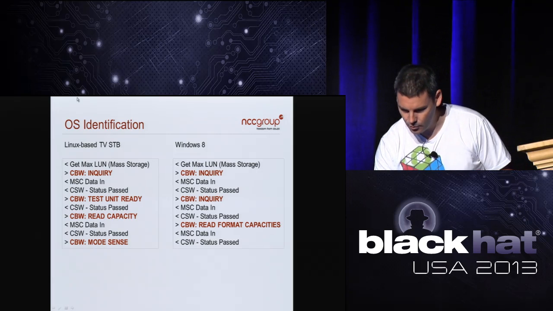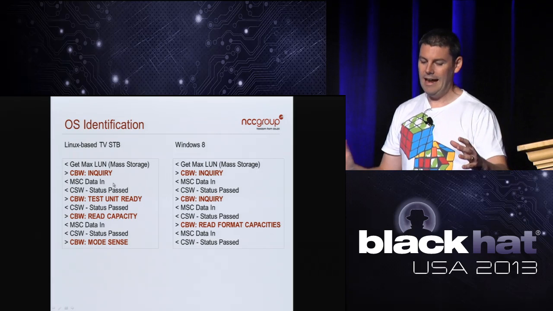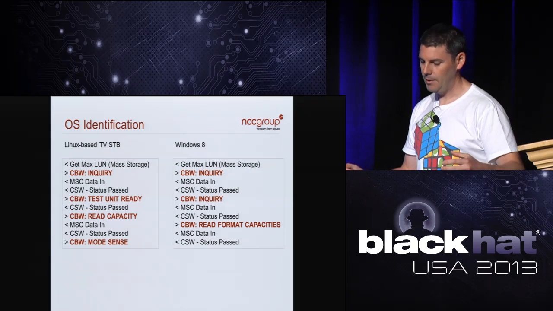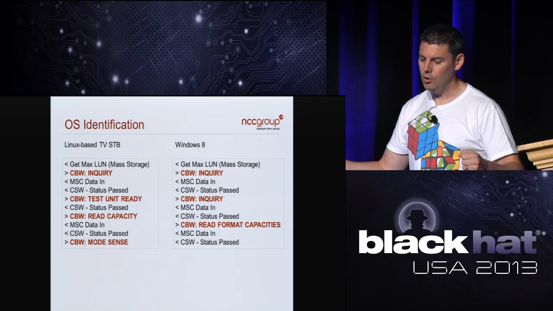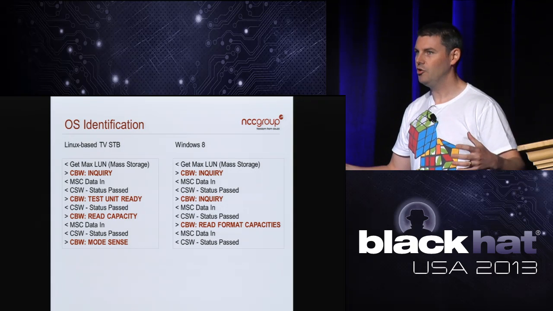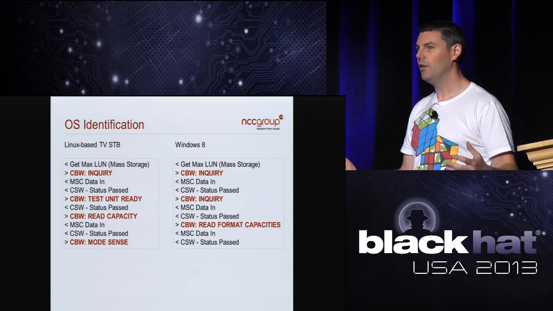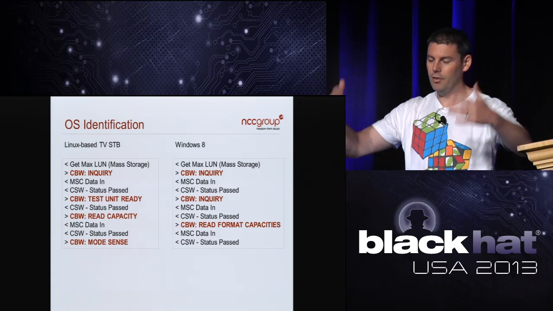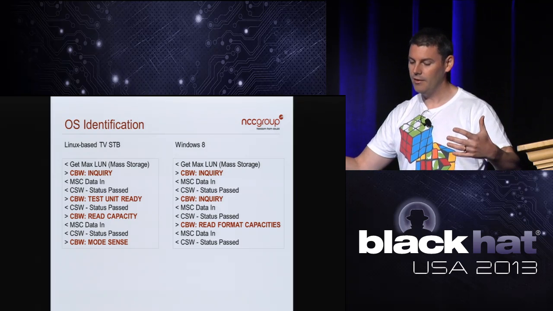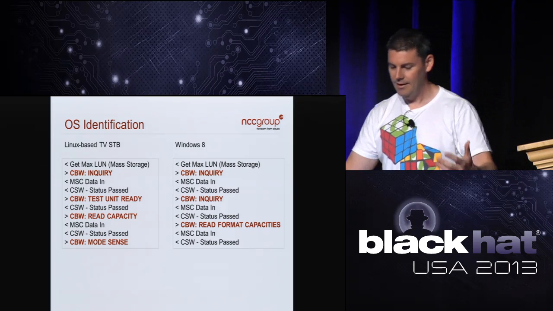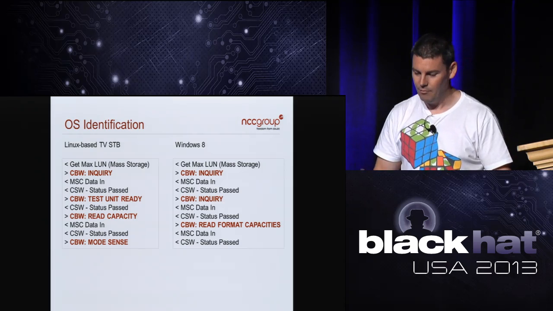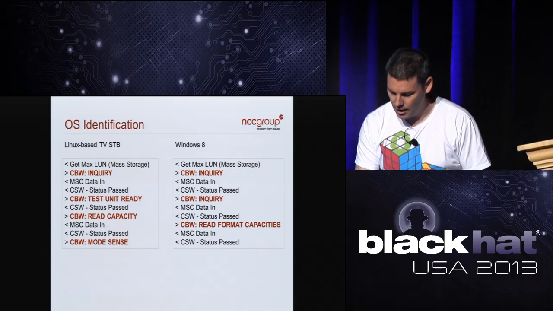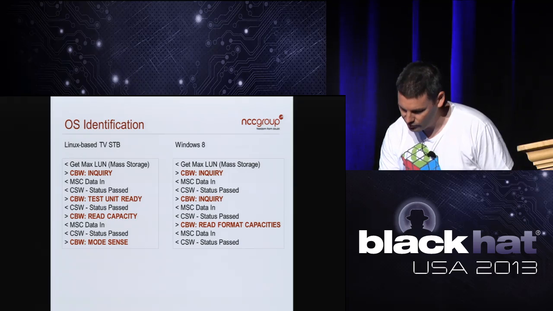So you can see straight away that different elements of the mass storage USB protocol are being used to identify information about the mass storage device before it can be used by the OS. It's gone through enumeration, it knows it's a mass storage device, the mass storage class driver is then providing information. So you can immediately see there's a big difference in the way that those two host implementations deal with mass storage devices.